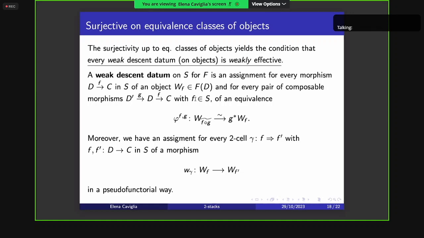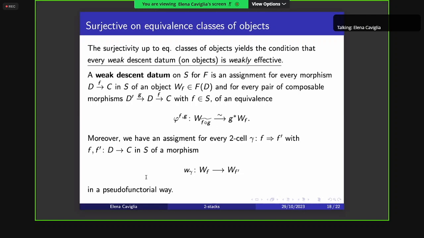And this gives us, for every morphism in the sieve, an object W_F. And for every pair of composable morphisms, this time we have an equivalence between the descent along G of W of F and W of F composed with G tilde. So in this sense, I say that this descent datum is weak, because instead of an isomorphism here, we only get an equivalence.